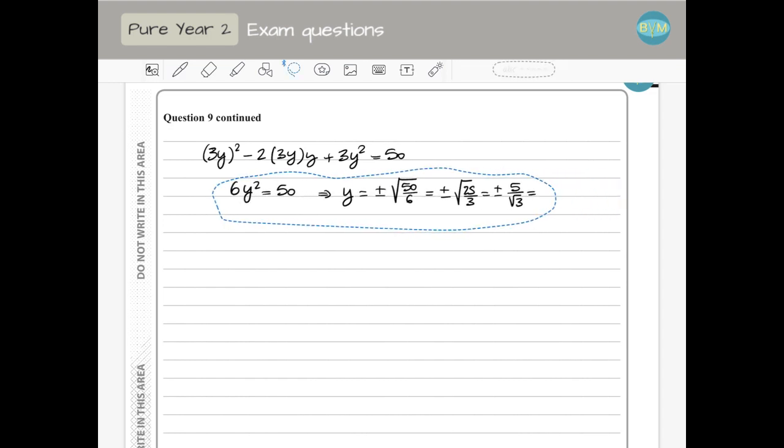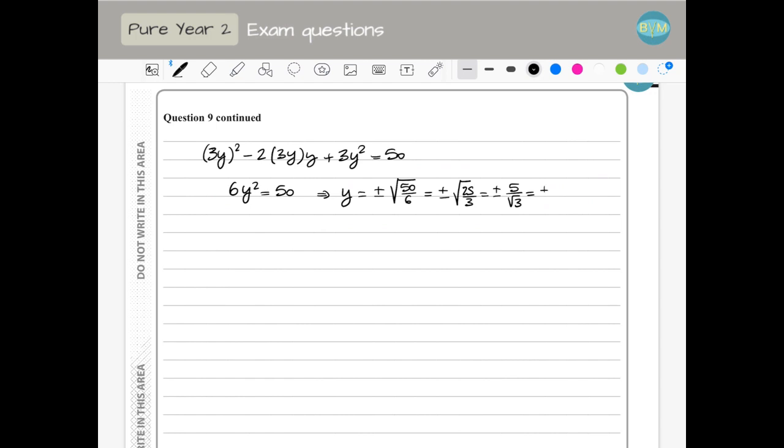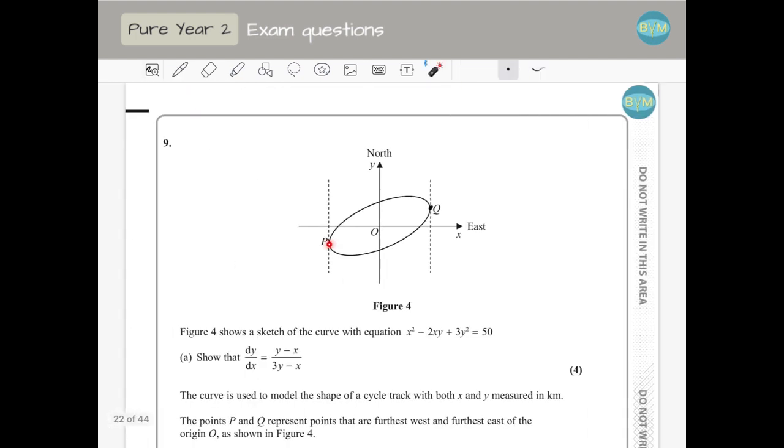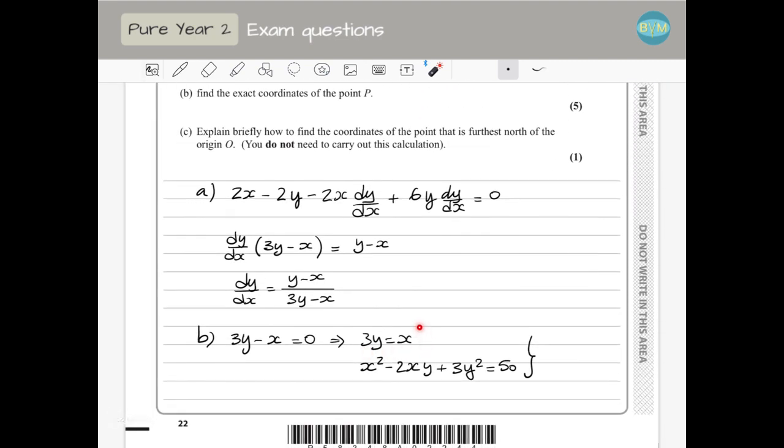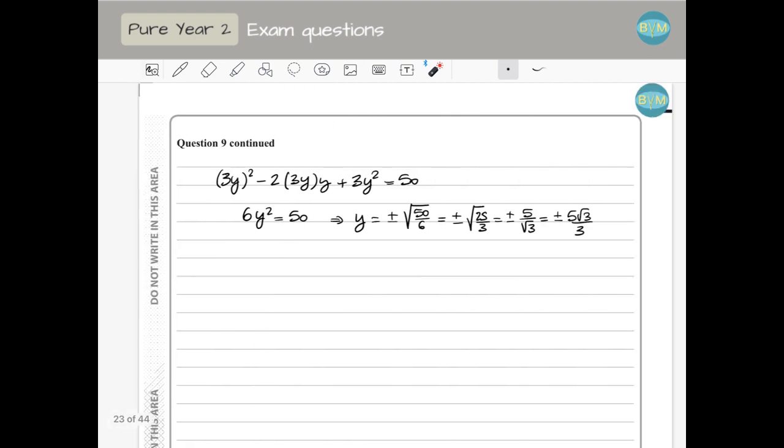We need point P. Point P has y negative, so I'm going to get the y negative and substitute to find the x. Oh, I don't need to go back to the equation again. I know that x is 3y.